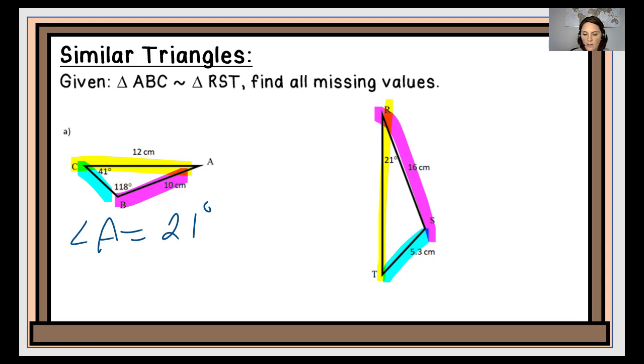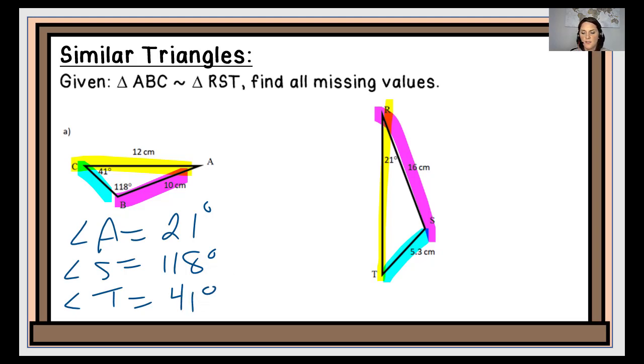Next we can look at angle S and angle B. They correspond, so angle S has to equal 118 degrees. And last but not least, angle C and angle T correspond, so angle T has to equal 41 degrees.